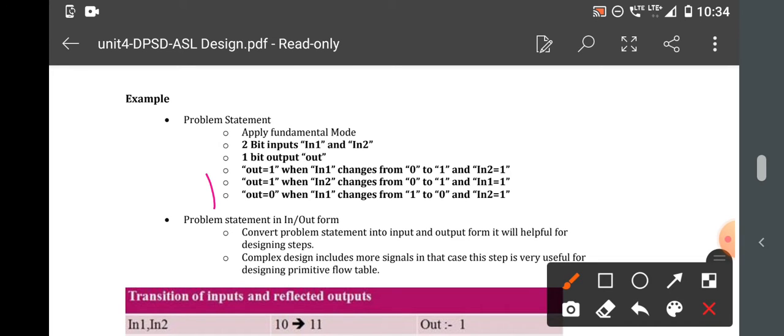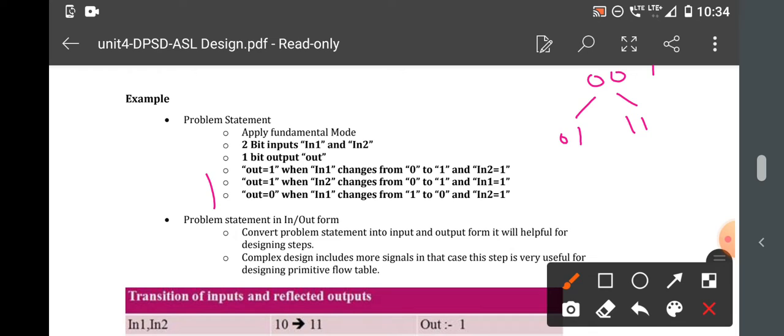How do we represent the flow? We'll start with 0 0. Initially, if the circuit is switched on, it starts with the 0 0 condition. Now you can have this flow diagram represented in two ways. The second input is changed to 1. The first input can retain 0 or it can retain 1, like this you can go.